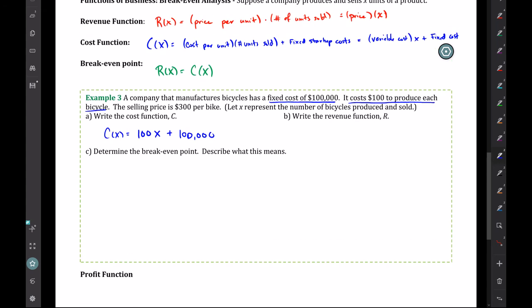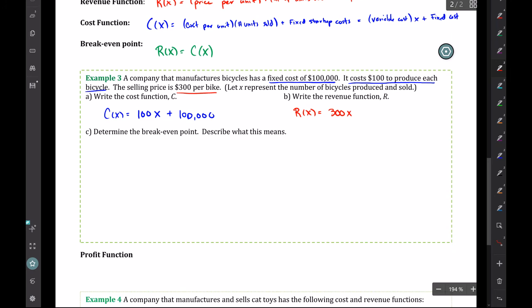And now your revenue function, R of x, is going to be, well, you make $300 per bike, so that's 300 times x. And then it says determine the break-even point and describe what this means. Well, we're supposed to set R of x equal to C of x and solve.